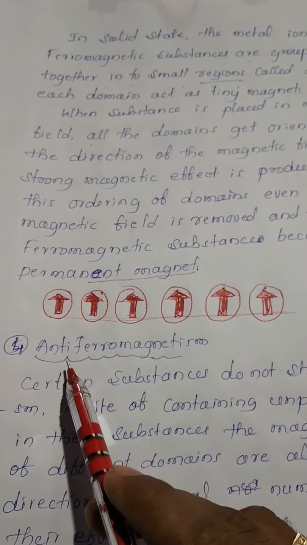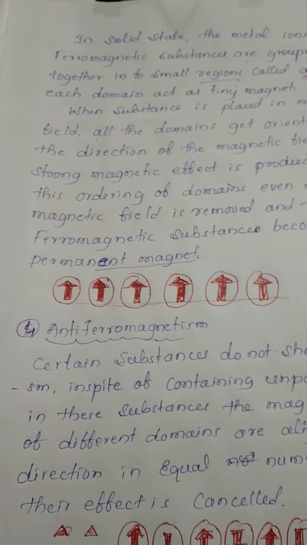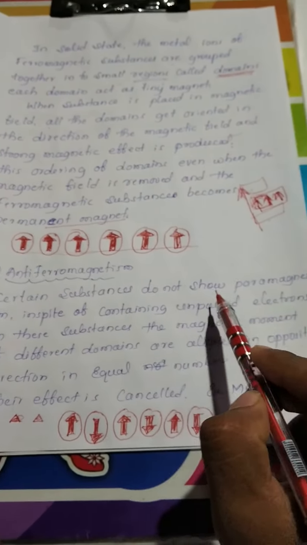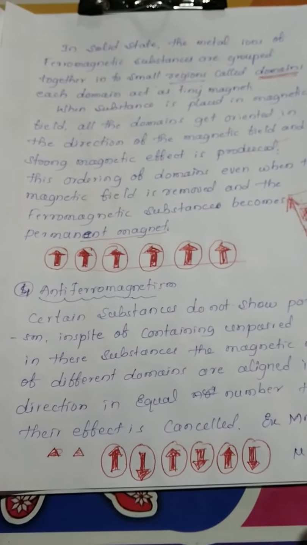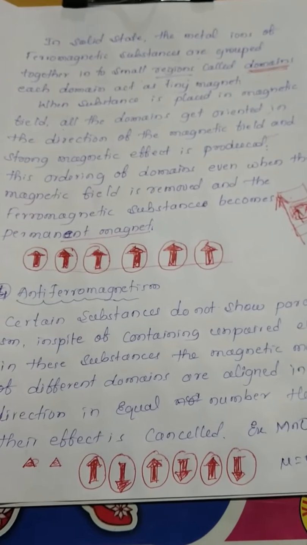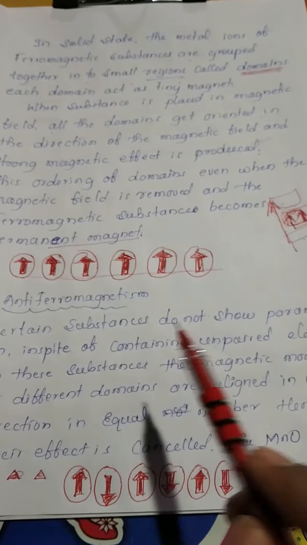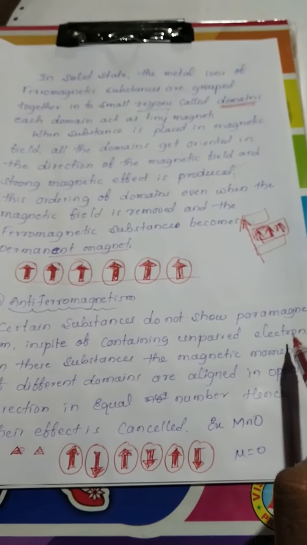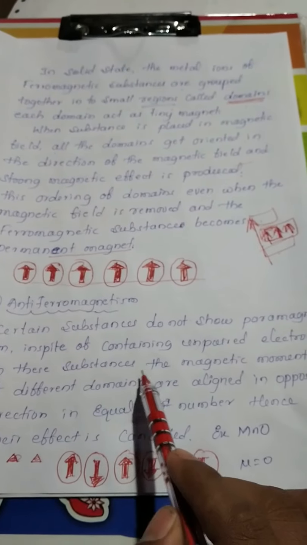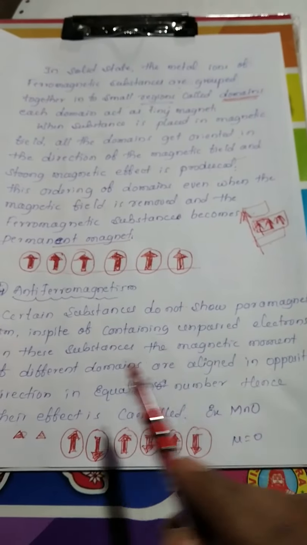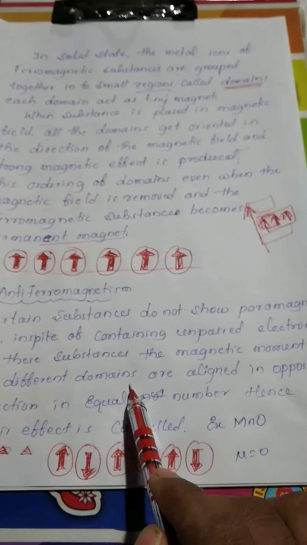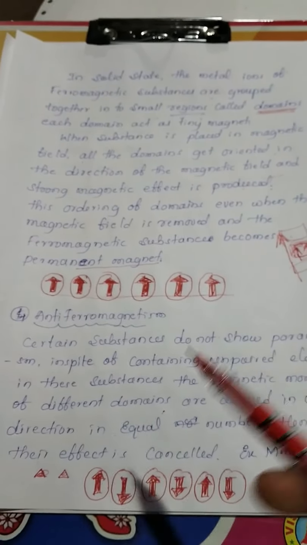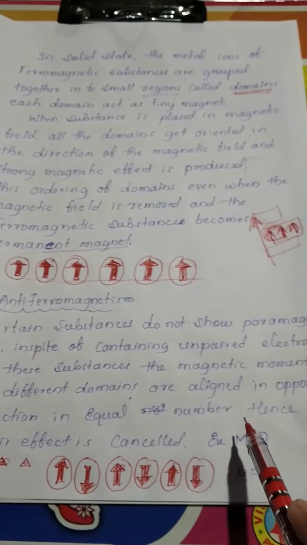Next, antiferromagnetism. Certain substances do not show paramagnetism in spite of containing unpaired electrons. In these substances, the magnetic moments of different domains are aligned in opposite directions in equal number.